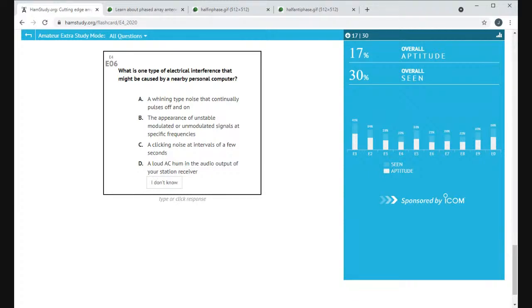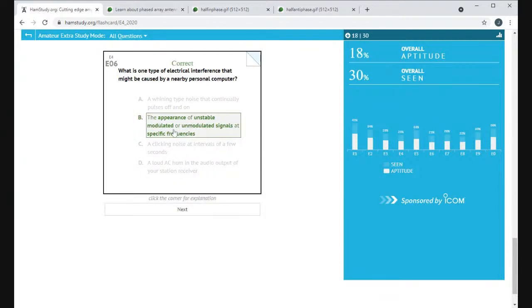D. A loud AC hum in the audio output of your station's receiver. I'm going to guess B, appearance of unstable modulated or unmodulated signals at specific frequency. And that is correct.